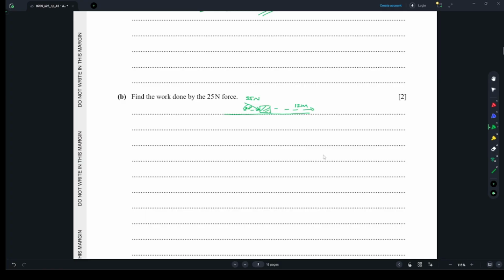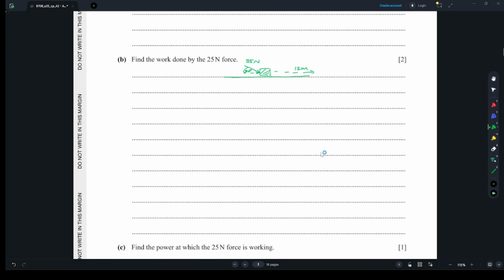So the work done, let's say W, equals the force multiplied by the distance or displacement in the same direction of the force.